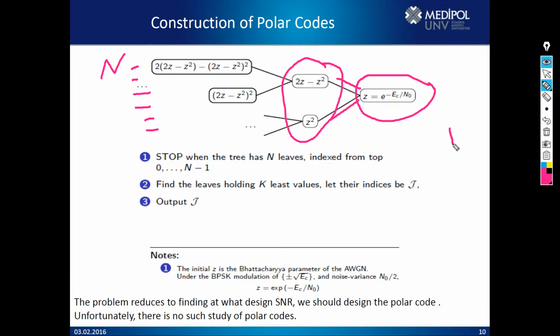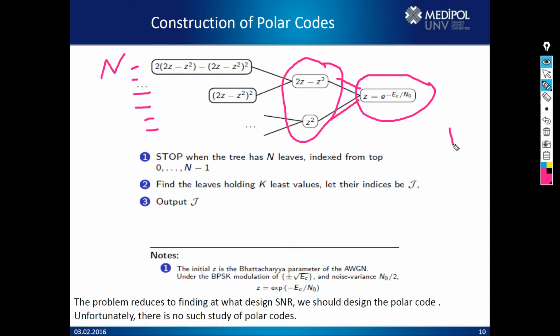Let their indices be J, you output J. Since they hold the least values, you don't use them for transmission, you freeze them. The complement of J is I, which is the information bits you encode over.